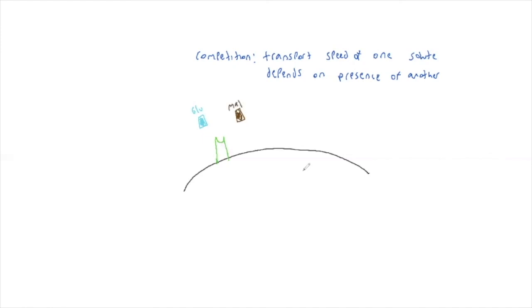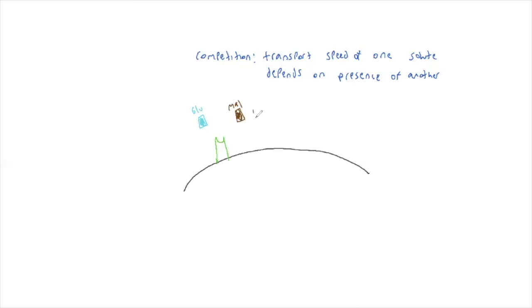These are two types of sugars that are very, very closely related. Now, the more maltose there is, then the slower the rate of glucose transport. The more glucose there is, the slower the rate of maltose transport. So the presence of glucose is going to slow down the transport rate of maltose and vice versa.